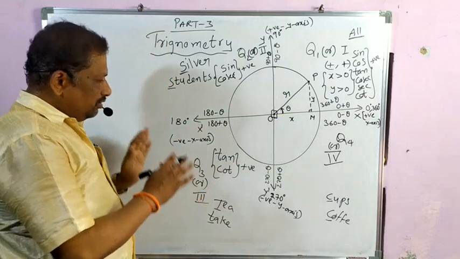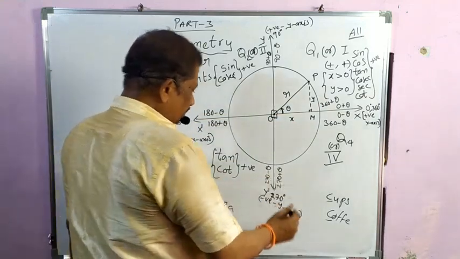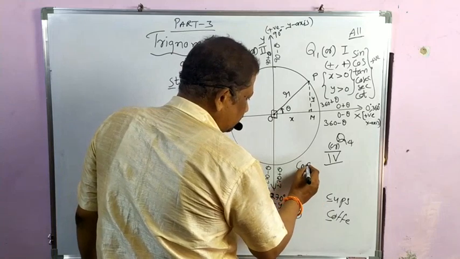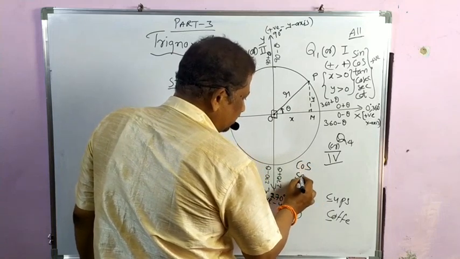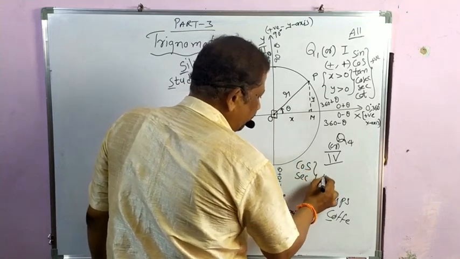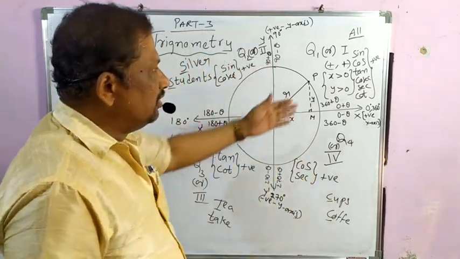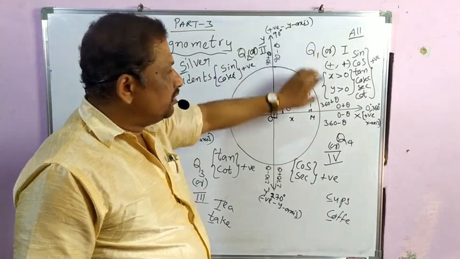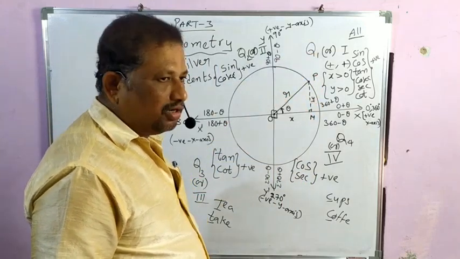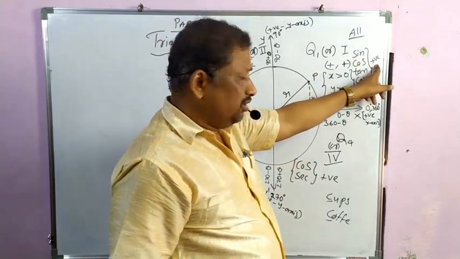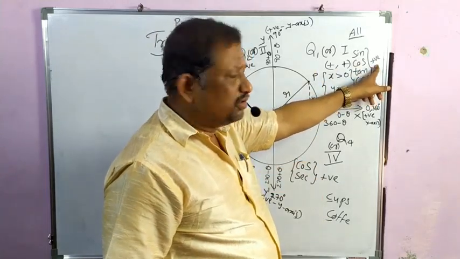Okay, so this you have to remember. In the fourth quadrant, this letter is C, no? So cos and secant ratios become positive. So you should remember this one. When theta lies between 0 and 90, including 0, the ratio value is positive.